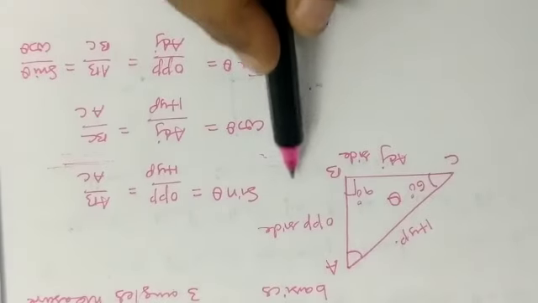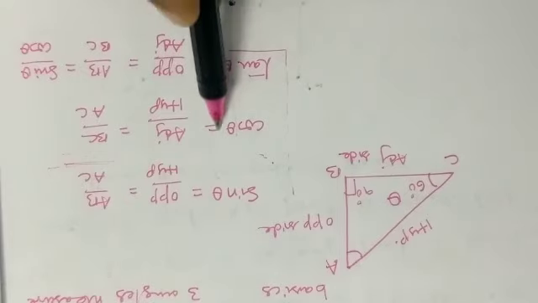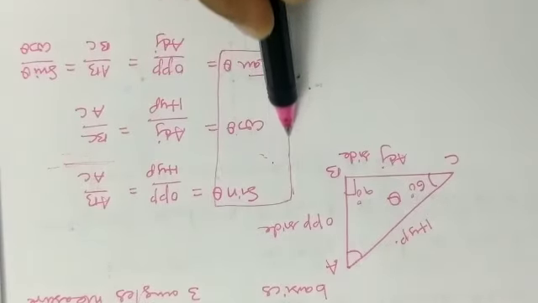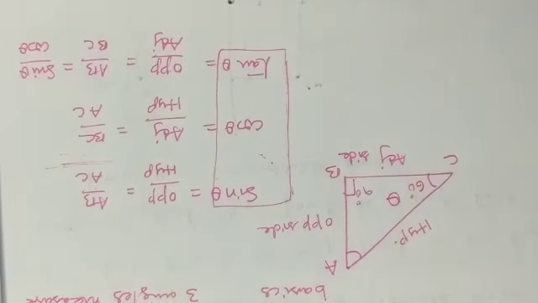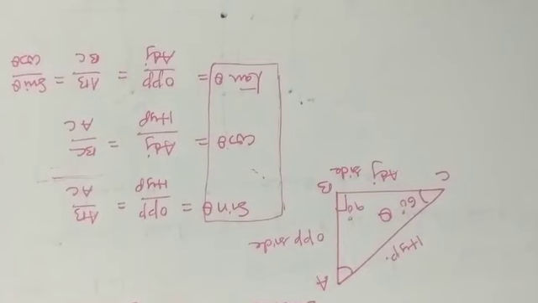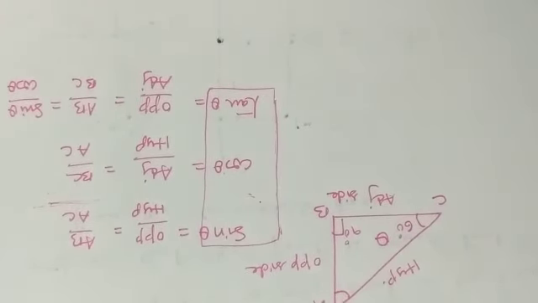These three are considered as primary trigonometric ratios. These three ratios are called primary trigonometric ratios because of the other three.